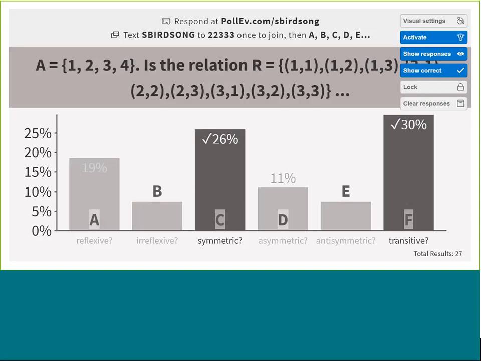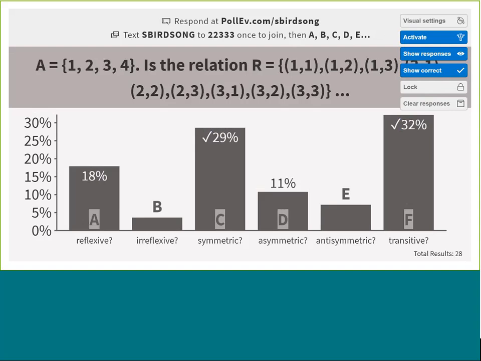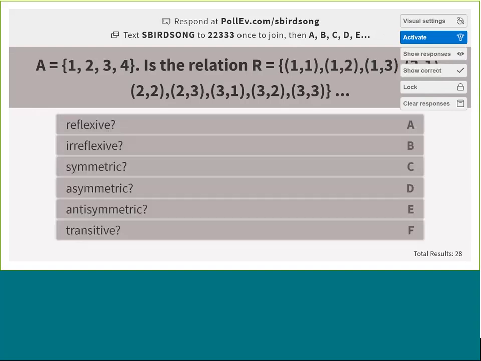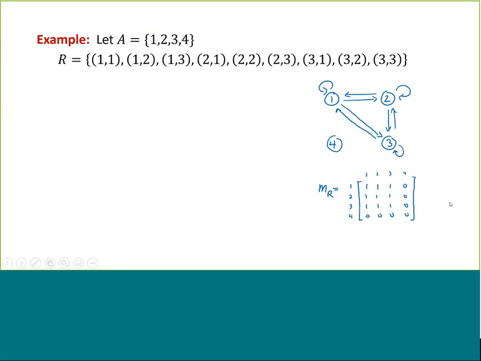Okay. So let's see why, because it looked like, for the most part, you guys were agreeing that symmetric and transitive were pretty much the ones to go for. Let's see why some of the other ones weren't actually the ones to go for. Okay. So the main one that threw many of us was reflexive.